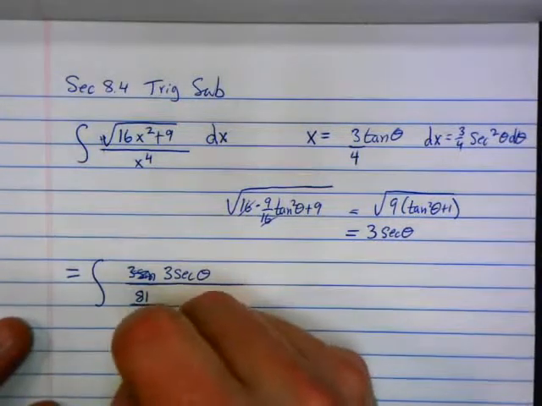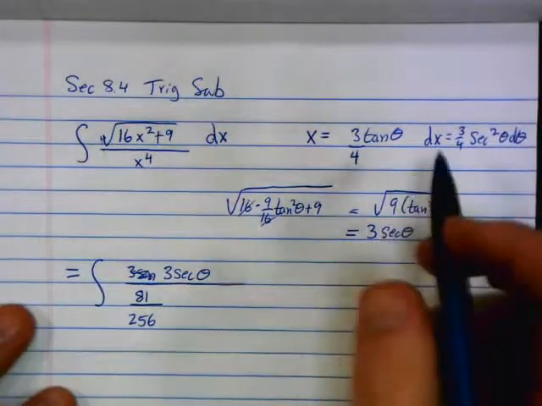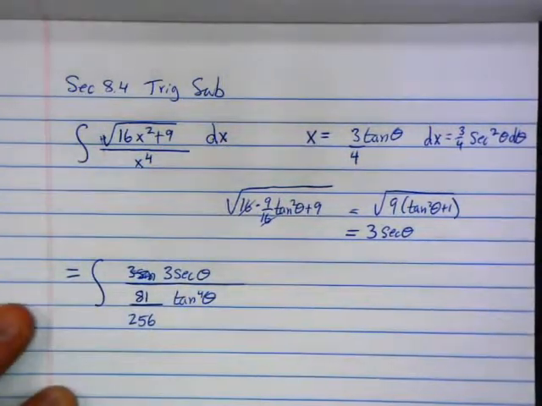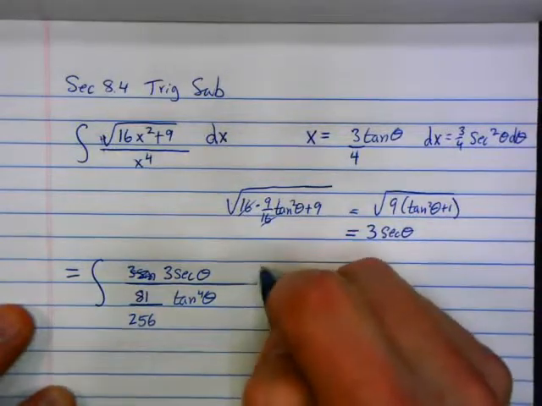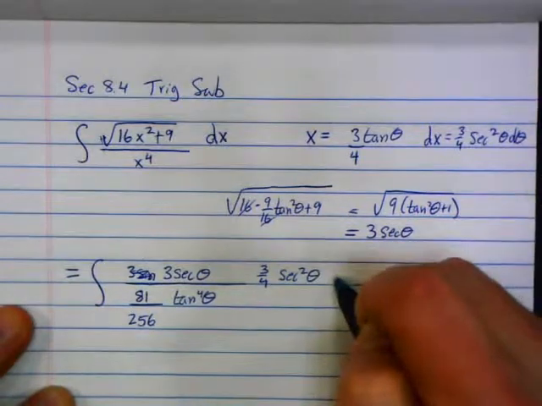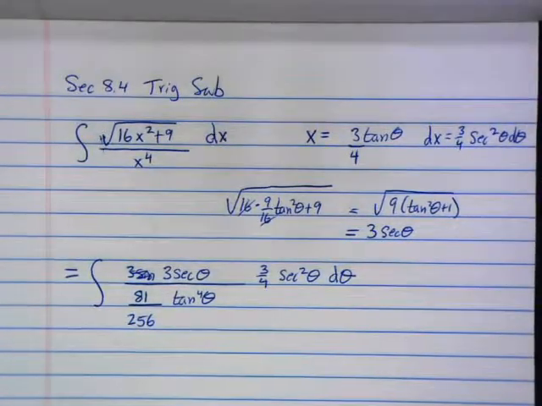Sounds right, because it's 16 squared. And then that's going to be tangent to the 4th theta. And then finally dx is going to be 3/4 secant squared theta d theta.